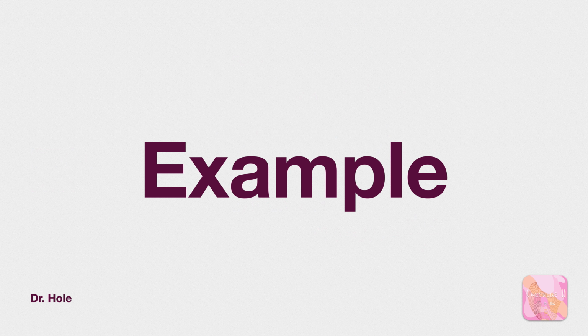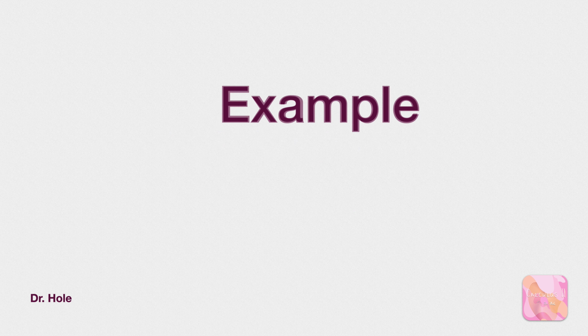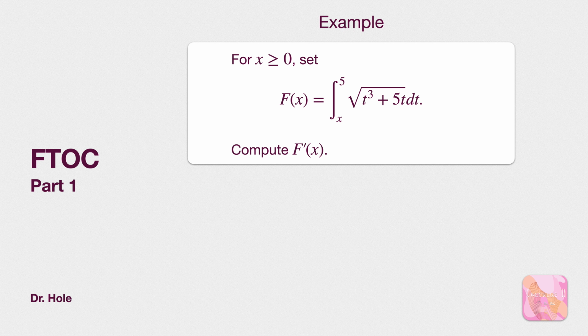Do another example. Okay, so basically the exact same problem. We have a capital F and we want to compute the derivative of capital F. Well, maybe you've noticed that the variable x is not the upper bound, but is here the lower bound.